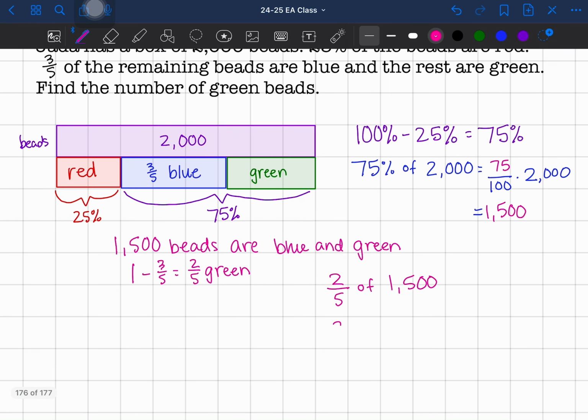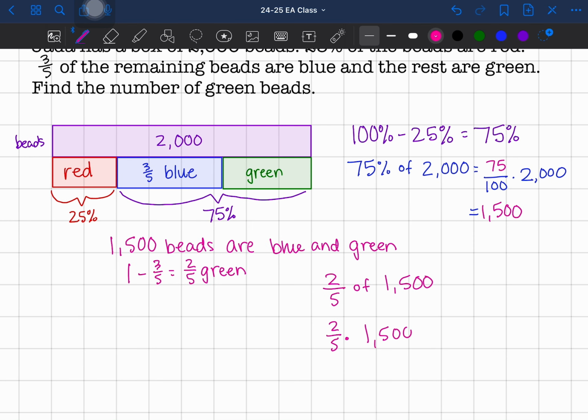We do 2/5 times 1,500, and we get 600. So there are 600 green beads. So we just used what we know to solve real-world problems involving percents and fractions.